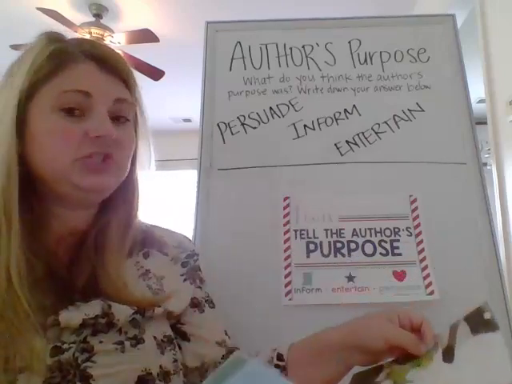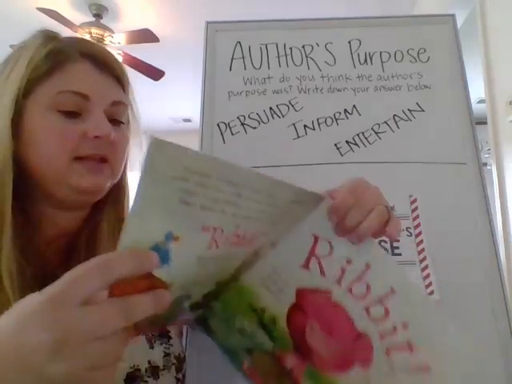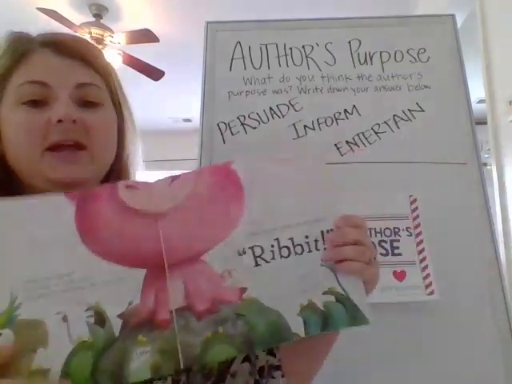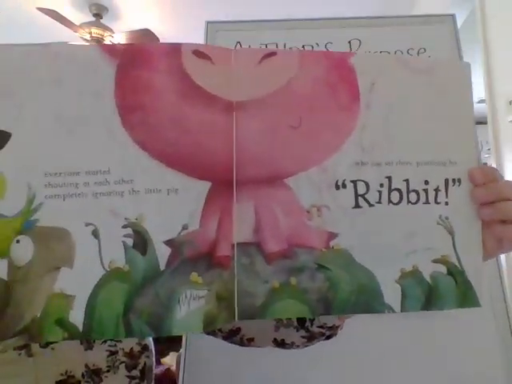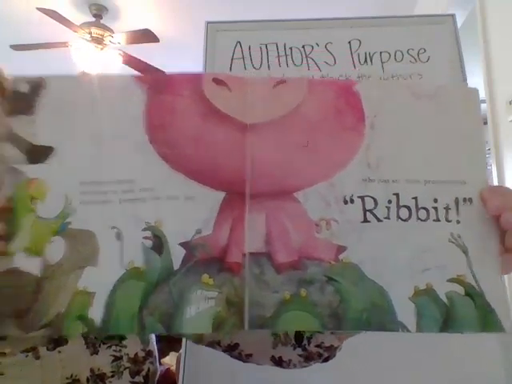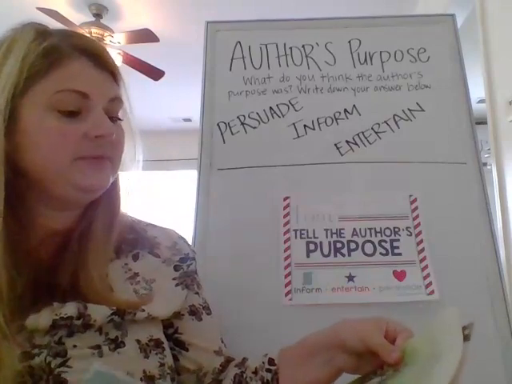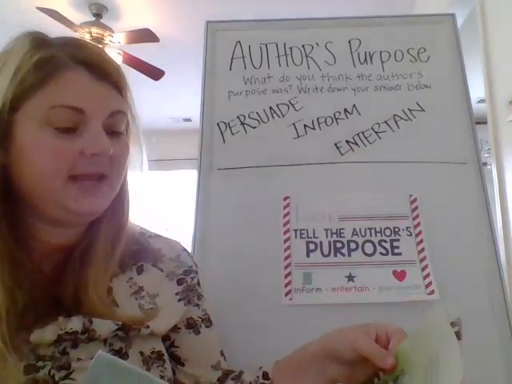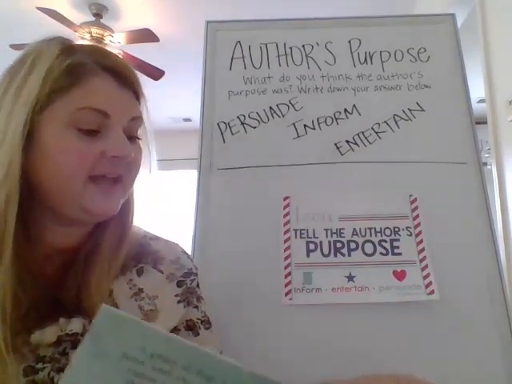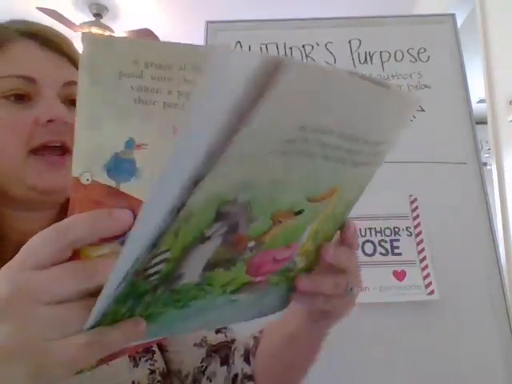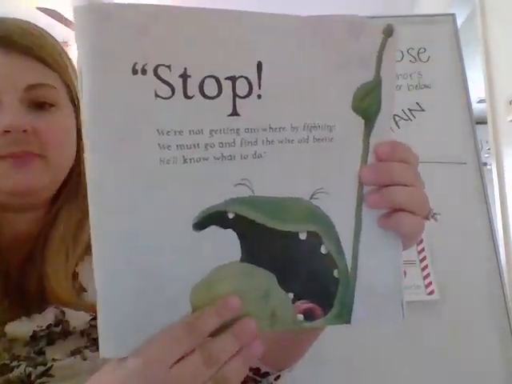Everyone started shouting at each other, completely ignoring the little pig, who just sat there practicing his ribbit. The animals laughed and laughed, and the frogs got angrier and angrier until finally the chief frog shouted out, "Stop!